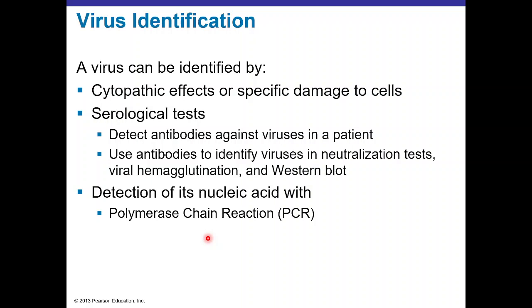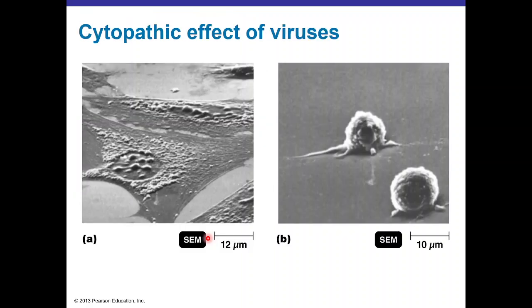One rapid and sometimes very accurate way to detect viruses is by amplifying the DNA or the RNA of the virus in what we call polymerase chain reaction. So you need just a little piece of the nucleic acid, and you can make multiple copies with PCR.